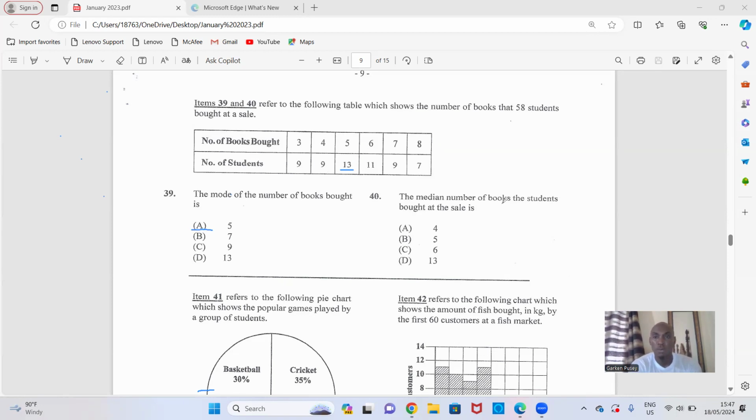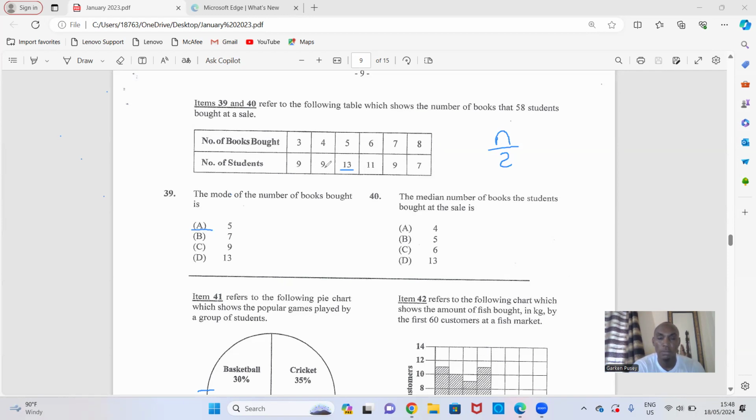And the median number of books. So median now, we can find it by finding n, which is the total frequency, over 2. You hear some people say n plus 1 over 2. Now, n is the total frequency. So if you add up all these numbers, let's add up the total frequency.